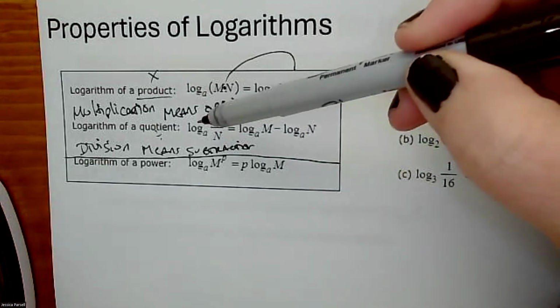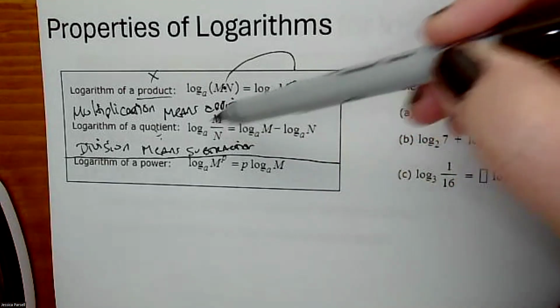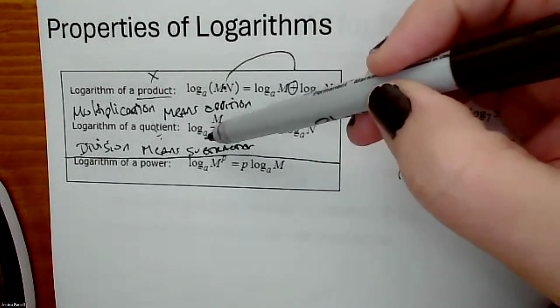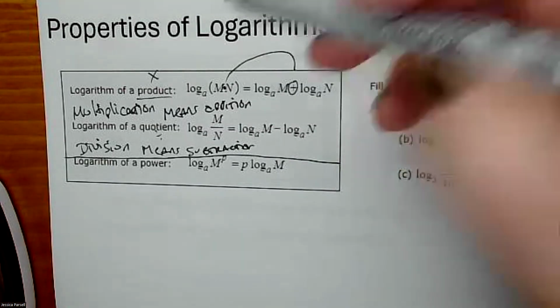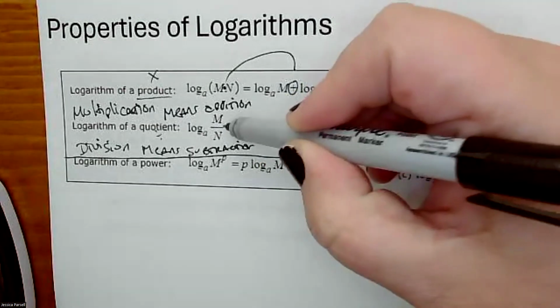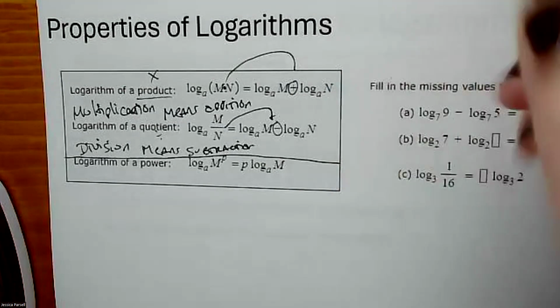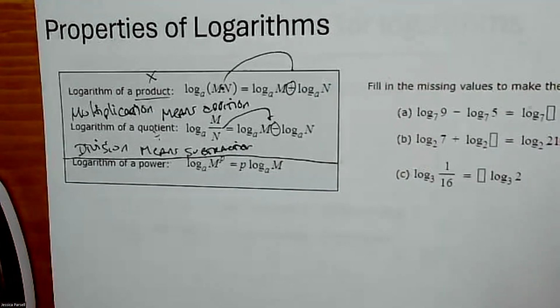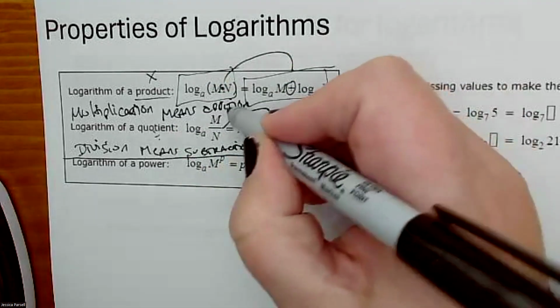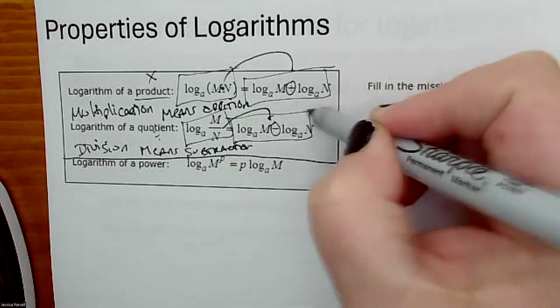Same thing here. If you have log of the same base a, and you have m divided by n, you can separate this and call this log base a of m minus log base a of n. So division means subtraction. I think about this as the collapsed version and this as the expanded version.